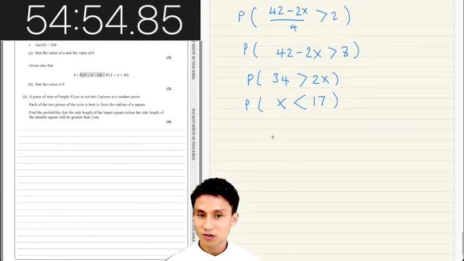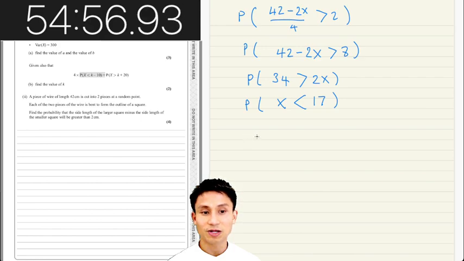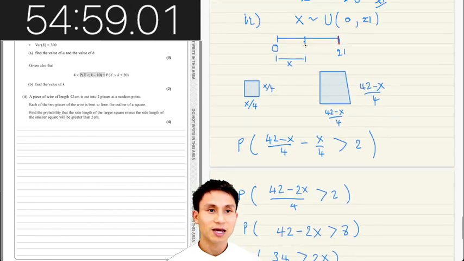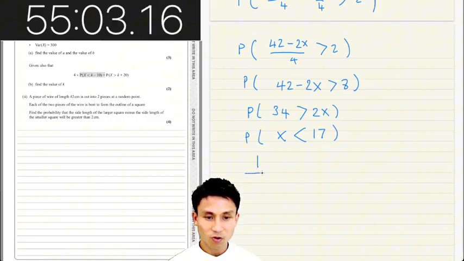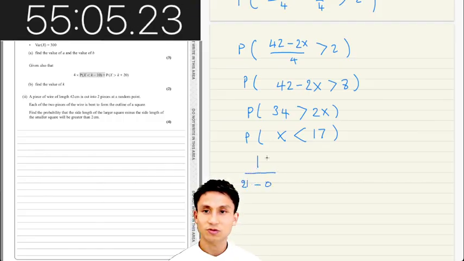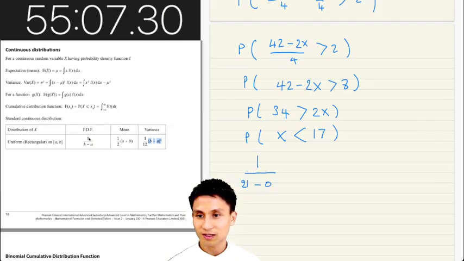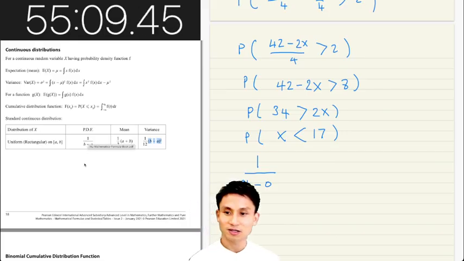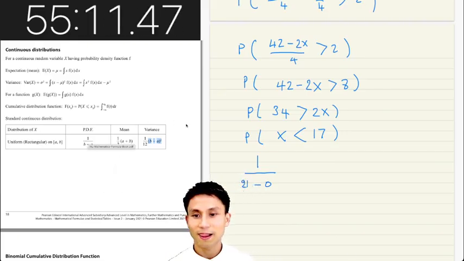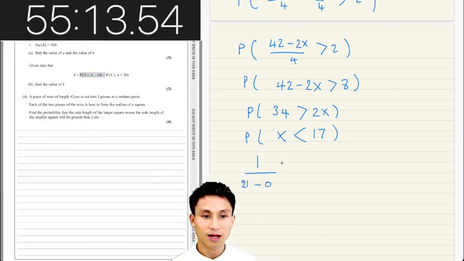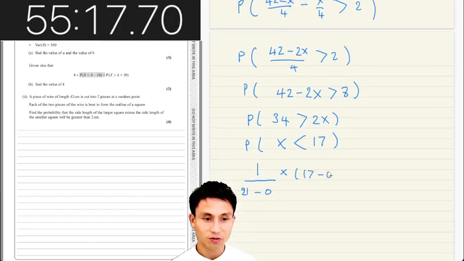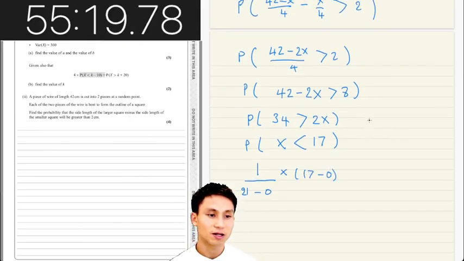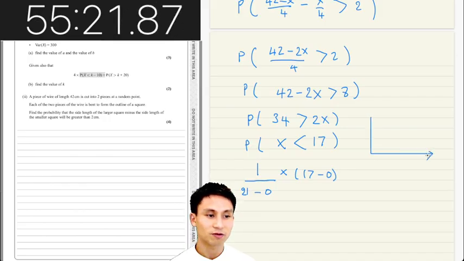So this is finding the probability because we model it as a being 0, b being 21, so that would be 1 over 21 minus 0. That's just the formula: the probability density function, the upper bound minus the lower bound. Again guys, you have to be able to visualize.